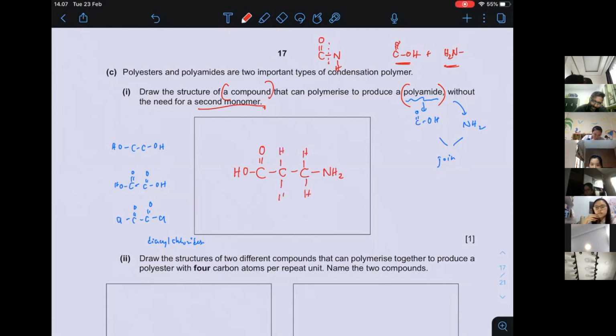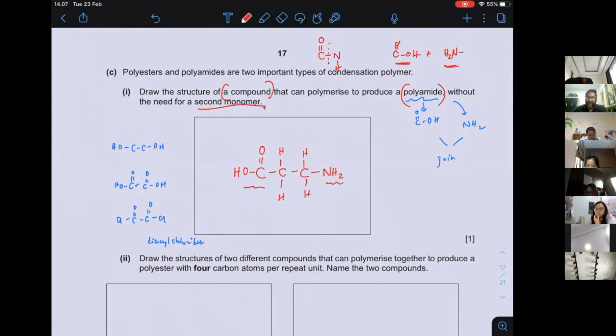They just ask you to draw the structure, so it doesn't matter how many carbons you have in the middle. But you must make sure that they have the carboxylic acid and NH2. That is going to result in the formation of this condensation polymer.